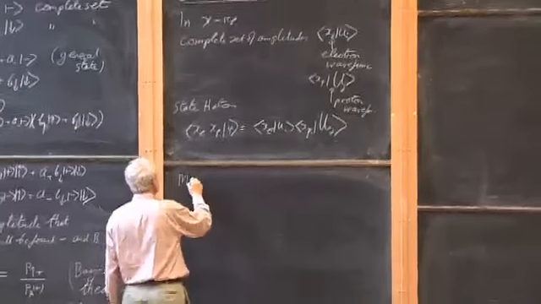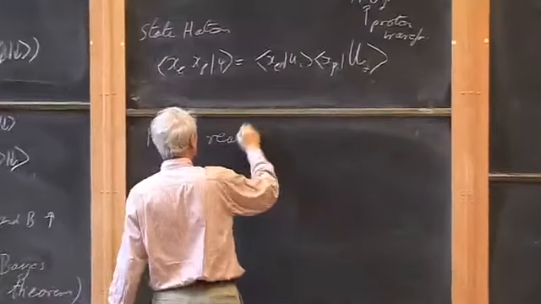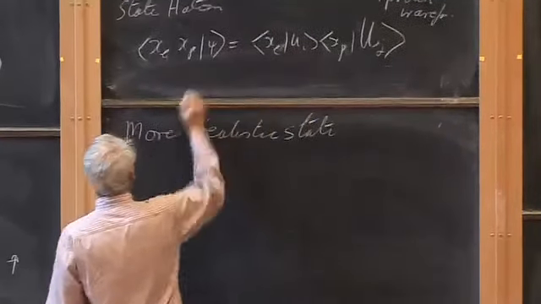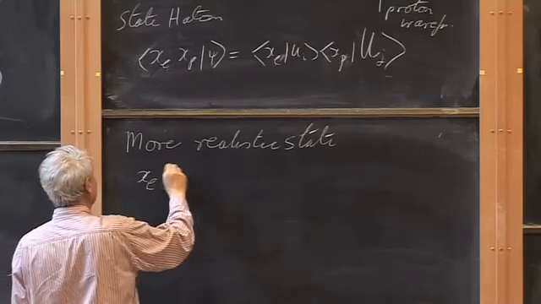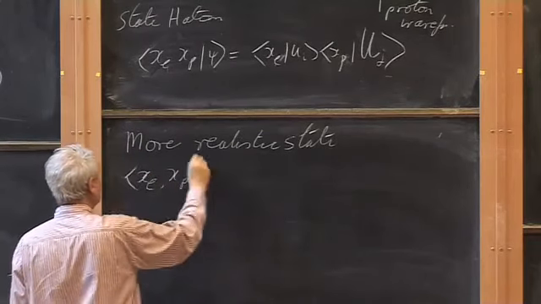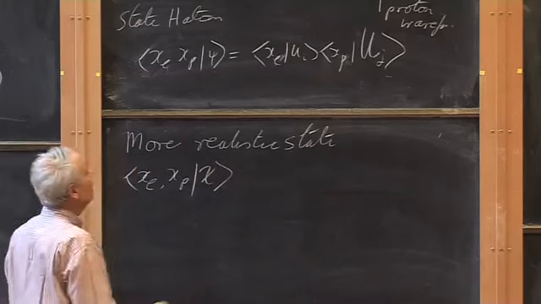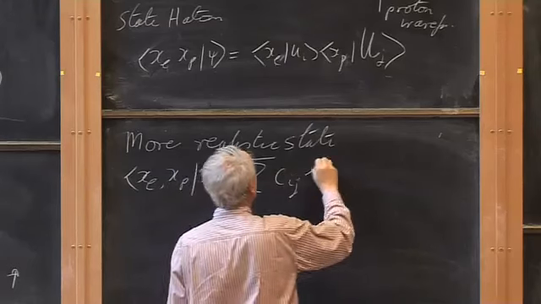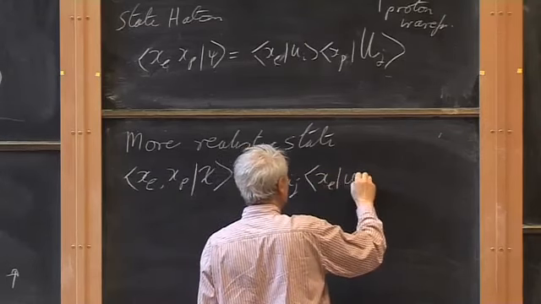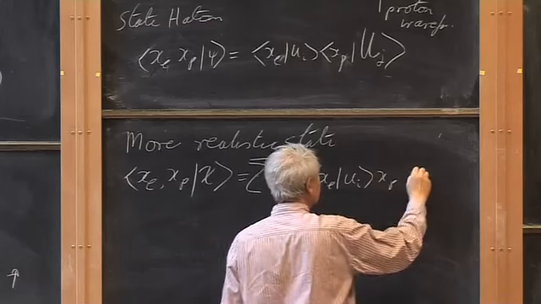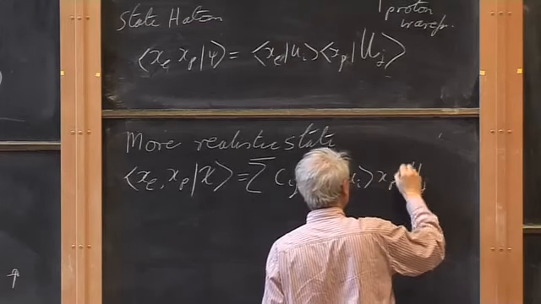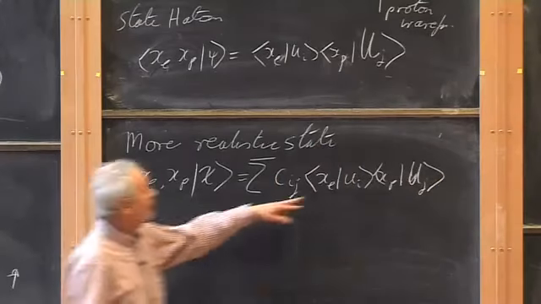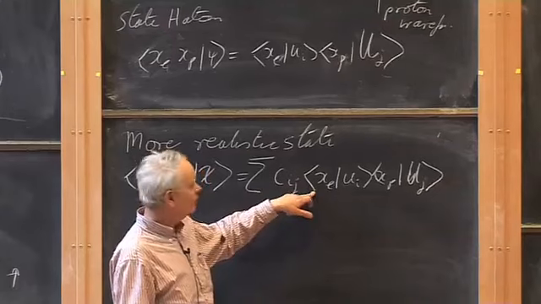A more realistic state might be xe, xp, shall we say chi, for a new label, which would be some Cij of xe ui xp big U j. But what are these? This is a boring function of x with a label i.